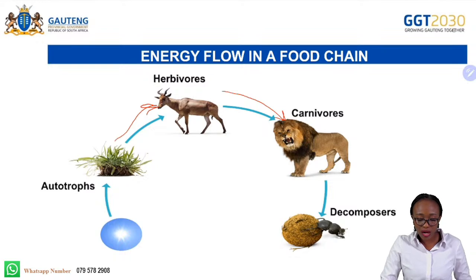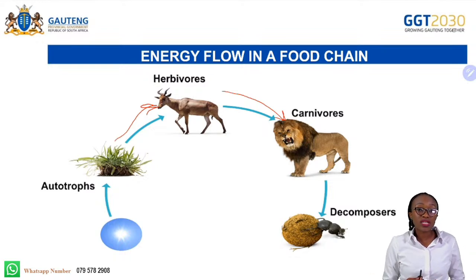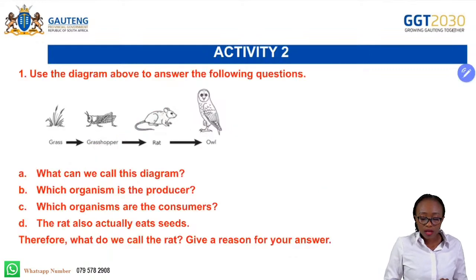So this is a typical food chain. In this particular case, it shows you the source of our energy, the producer, the herbivore, the carnivore, and the decomposer. That is a typical food chain.